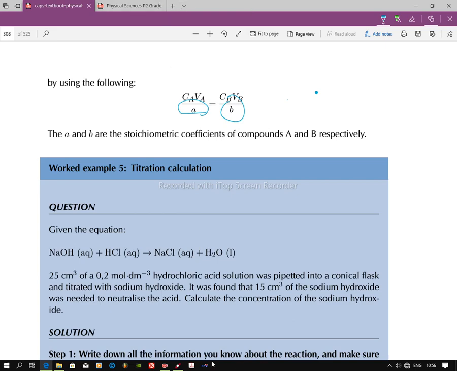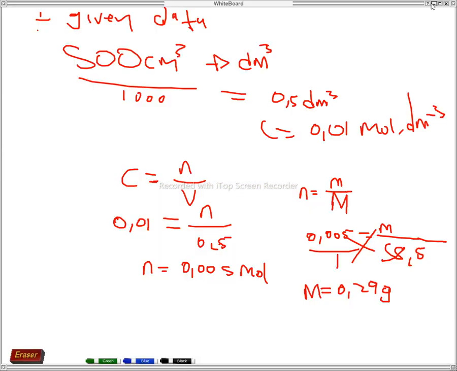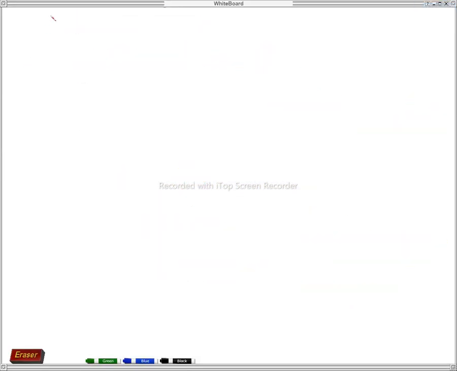Let me just go to the board so that I can write my data. If the statement is complicated, or you don't understand, or it is difficult for you, just extract your data so that things can be easy for you, so that you can see what you are given, what you are not given, and what you need.